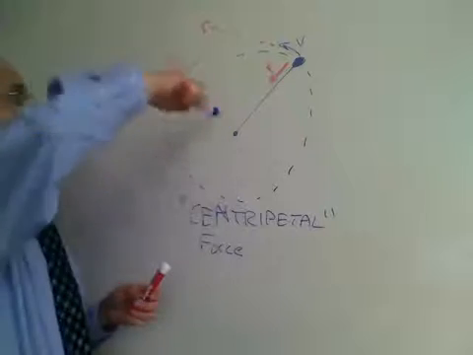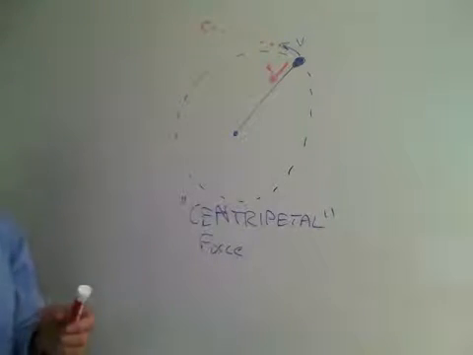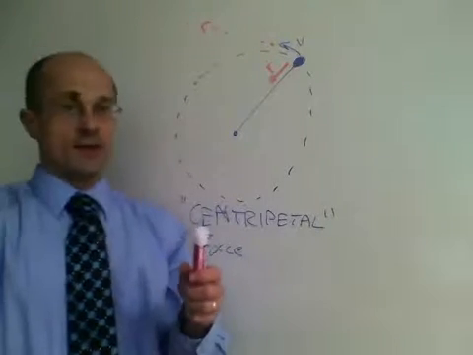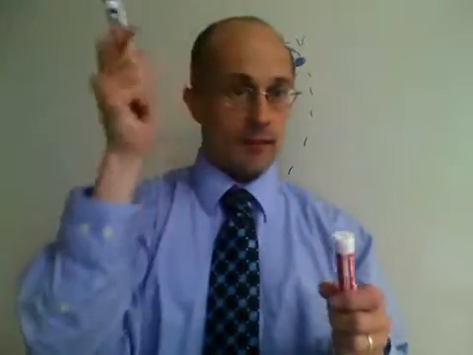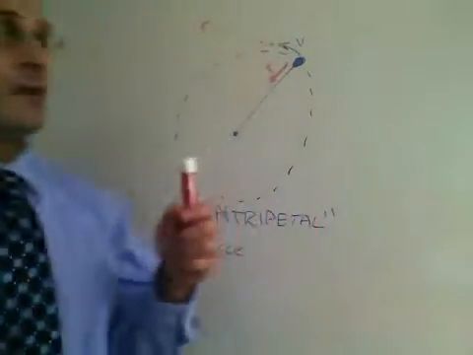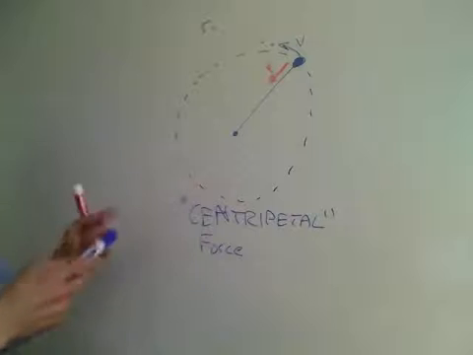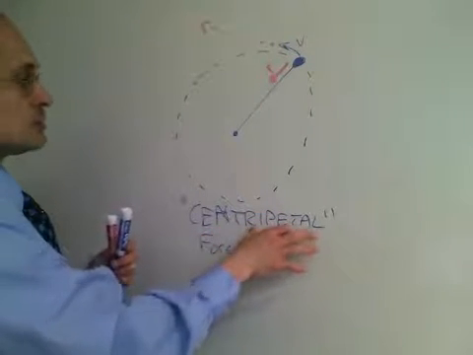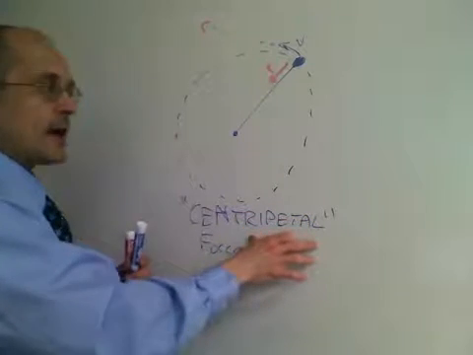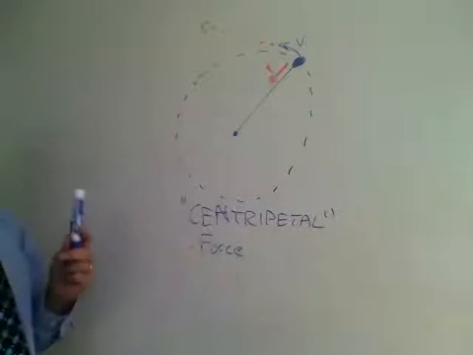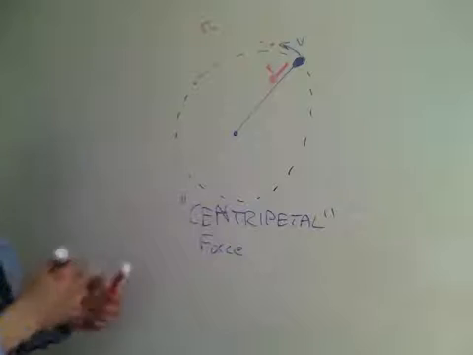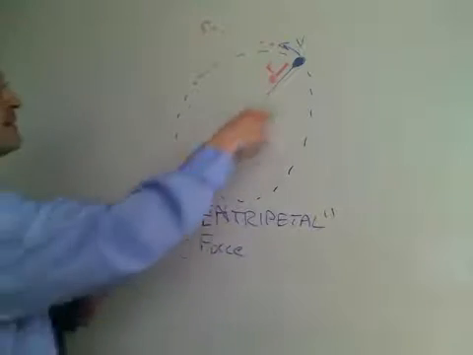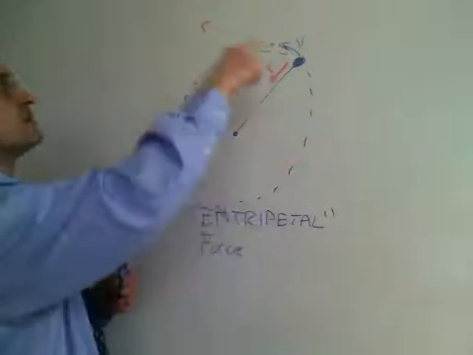So you could imagine that I'm holding some ball on a string above my head and swinging it around, and the ball is moving in a circular orbit. What's going on is the tension in the string is supplying the centripetal force that holds the ball in the orbit. Or you can think about the Earth moving around the sun.